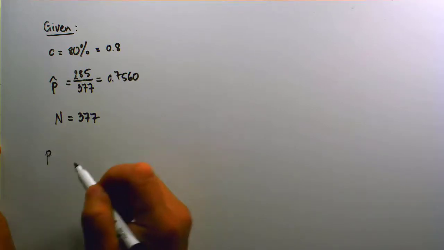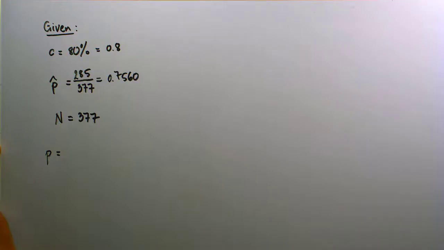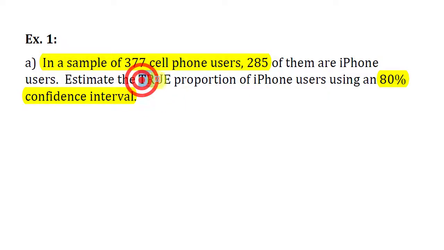And so the proportion here, and notice that in my wording of the problem on the computer screen, I refer to that as the true proportion of iPhone users, meaning here it is only a sample of 377, but really throughout the entire population of cell phone users out there, what is the proportion of iPhone users?